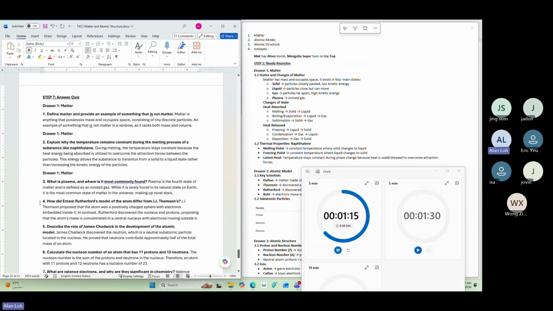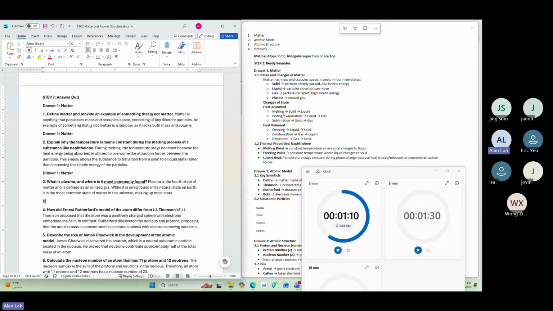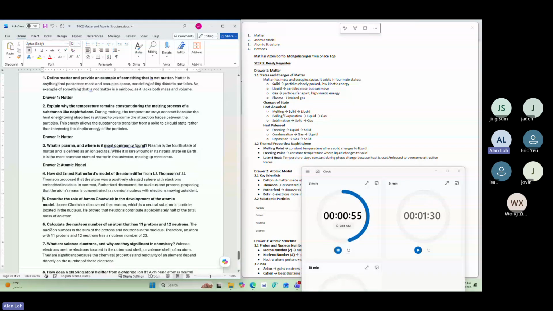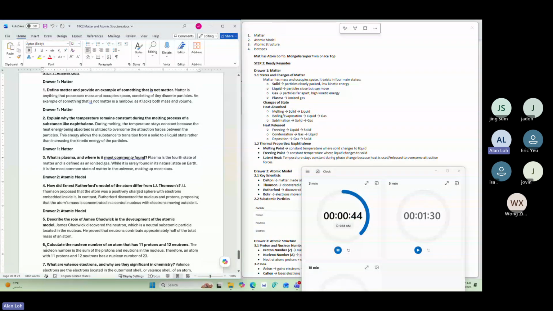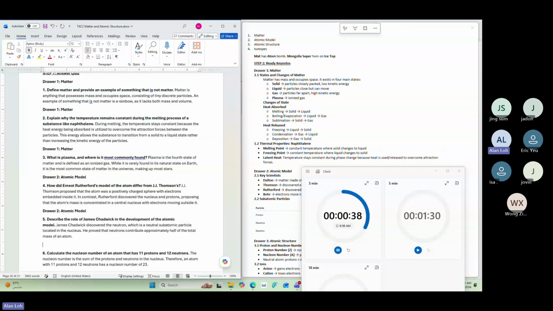Okay, drawer 2. Describe the role. Drawer 2. Okay, calculate this.